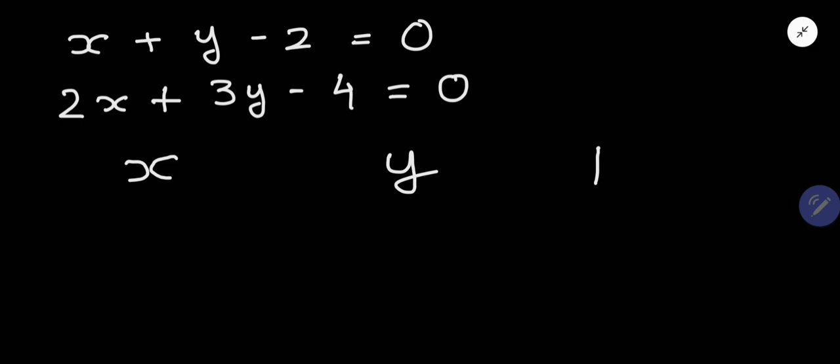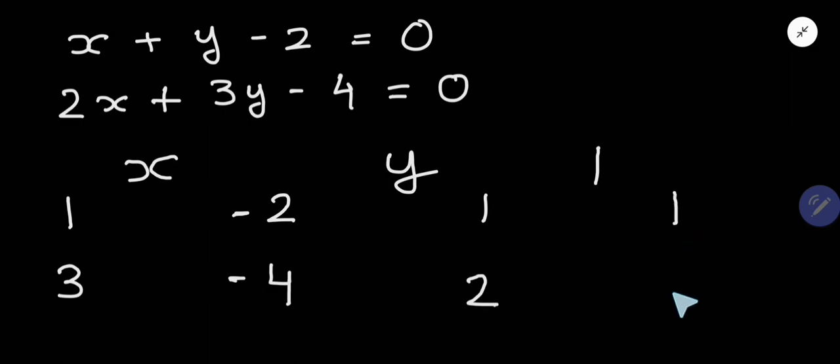Here, as I told you, we will ignore this part and we will write 1, 3 and minus 2, minus 4. Similarly for y, we will ignore this part and we will write 1 and 2. And in the third scenario, we will ignore this thing, and 1, 2 we have already written, so we are left with 1 and 3.